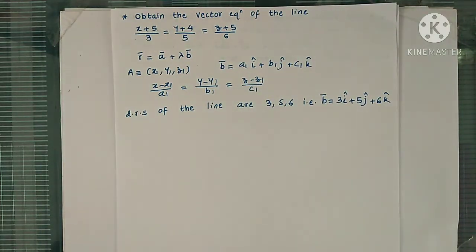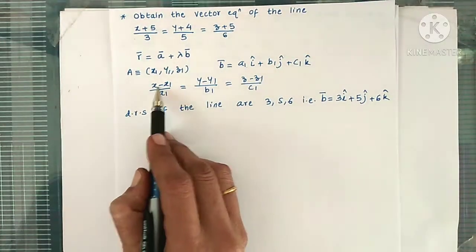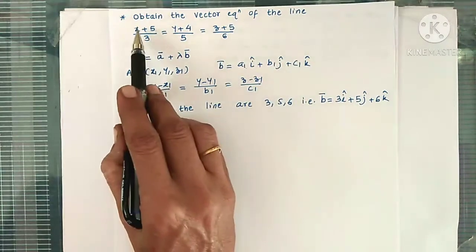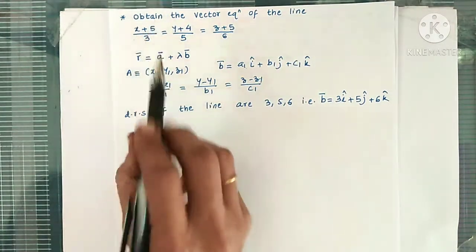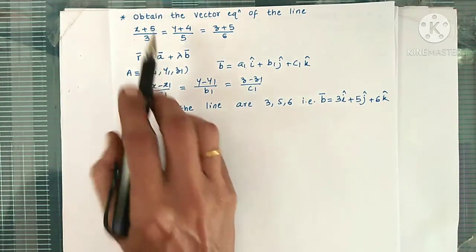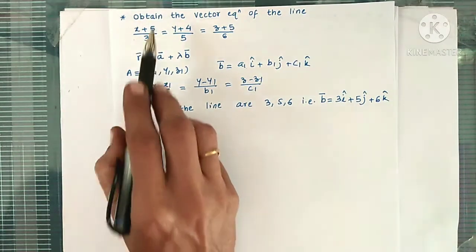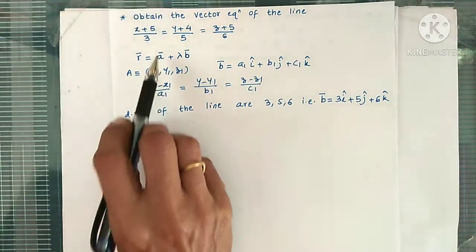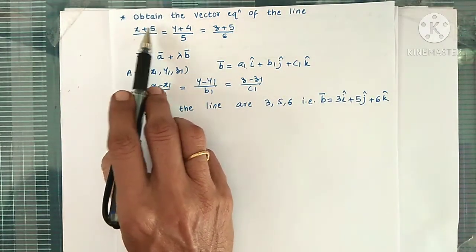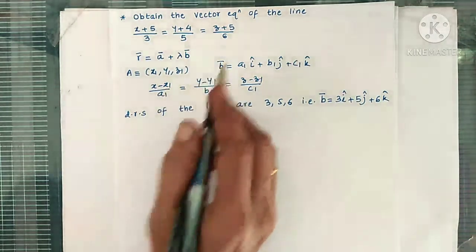Now let's find out the point A. See, here we have x minus x1 and here we have x plus 5 by 3. So minus x1 is 5, that means x1 is minus 5. Remember, we have to change the sign also, as here we have plus 5 and there we have minus x1.